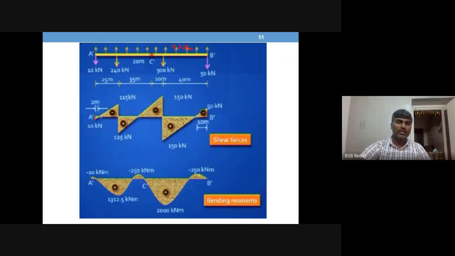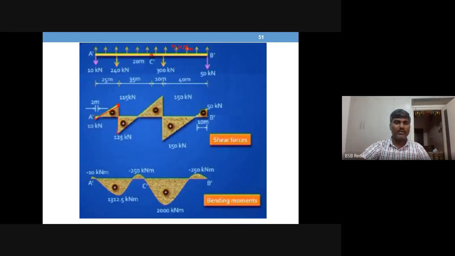So 125, so you have to go up by 125. So you are down by 10, so 125 minus 10, 115 you have to reach above. Then there is downward 240 there. Okay, so 115 minus 240, so it will be minus 125.